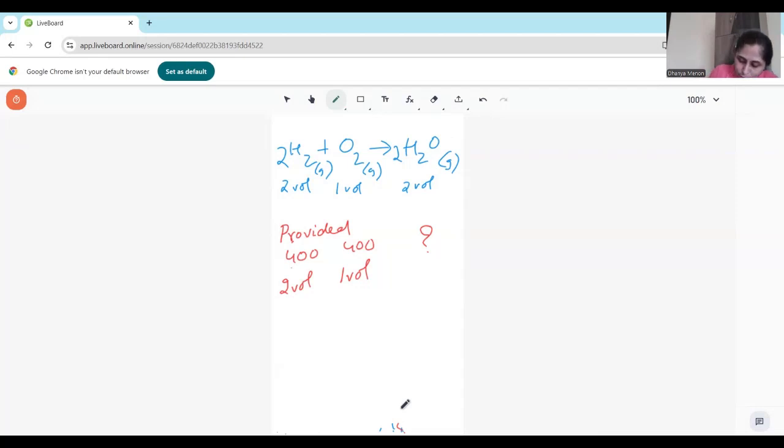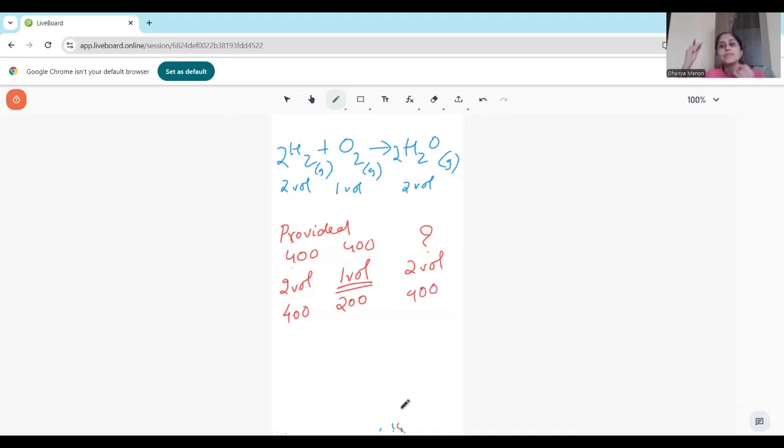So if here 400 ml of hydrogen is reacting, how much oxygen is needed? Does it need the whole of 400? No, because it needs only 1 volume. So how much is needed? It needs only 200, half the amount, right? And here, how much steam are you getting? 2 volumes. 2 volumes refers to how much? 400 ml.